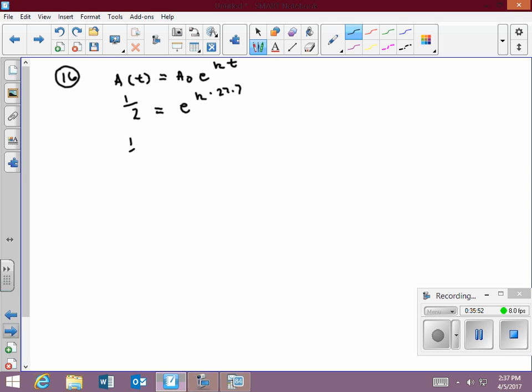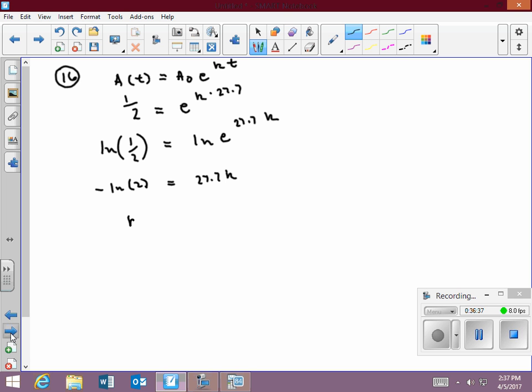Well, ln. So it'd be the same thing. You could write it as a minus ln 2 also, whichever way you wanted to do that. Then on this side would be ln of e to the 27.7 k. So then you could take 27.7 k out front, and the ln e would just go to 1, right?